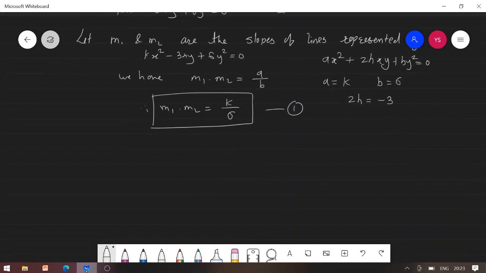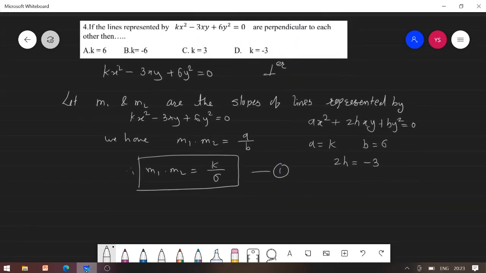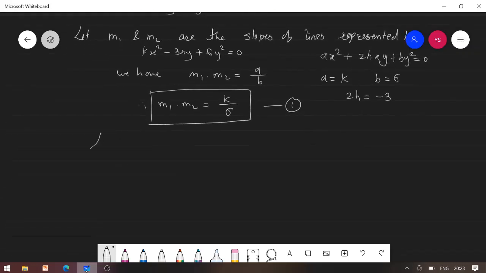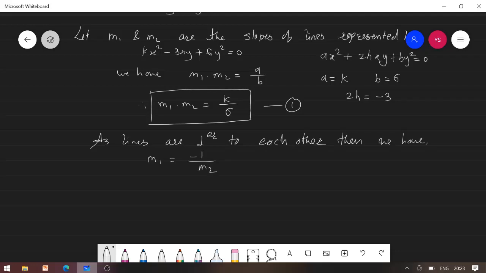Look once carefully that lines represented by this combined equation kx square minus 3xy plus 6y square equals 0 are perpendicular to each other. So as lines are perpendicular to each other, then the product of their slopes is minus 1, or the slope of one line is the negative reciprocal of the other.